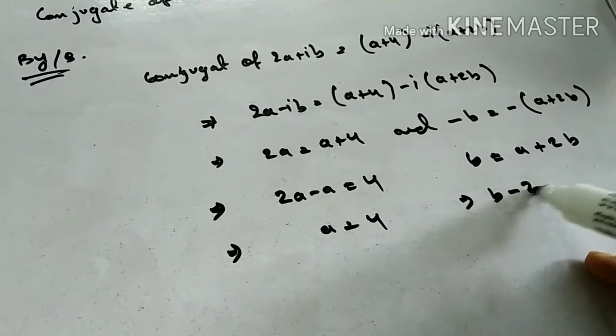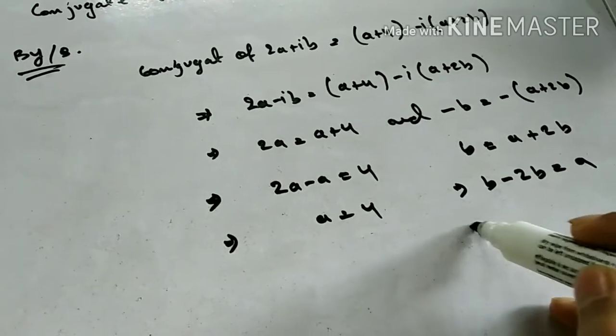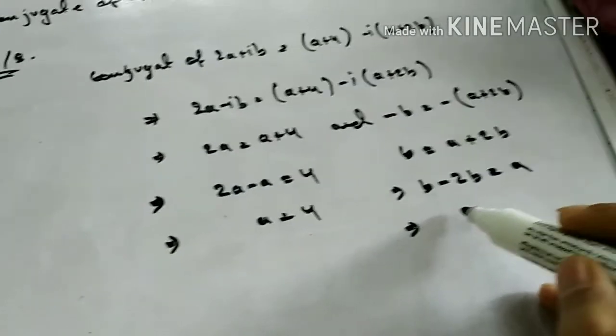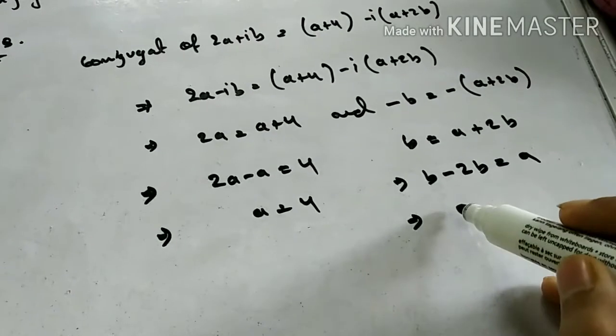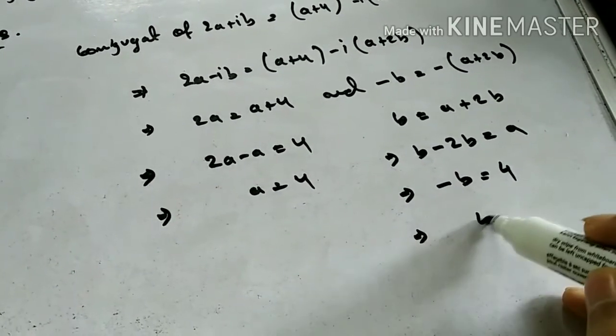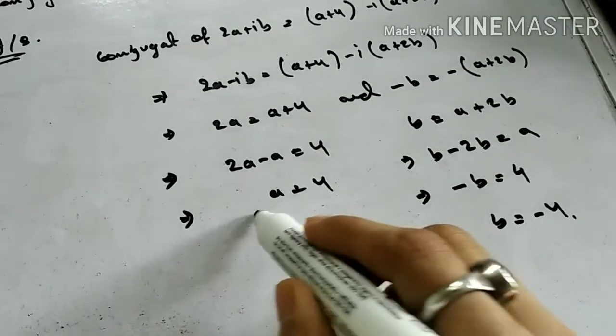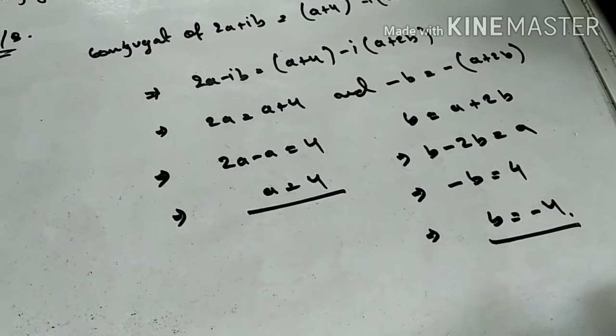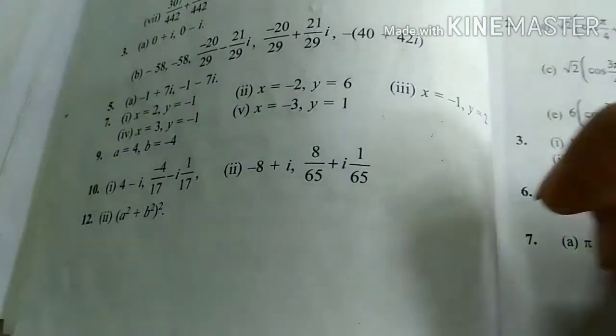So b minus 2b is equal to a, which gives me minus b equals a value, which is 4. So b is equal to minus 4. A is equal to 4, b is equal to minus 4. Let's check the back answer. A is equal to 4, b is equal to minus 4. Okay, next.